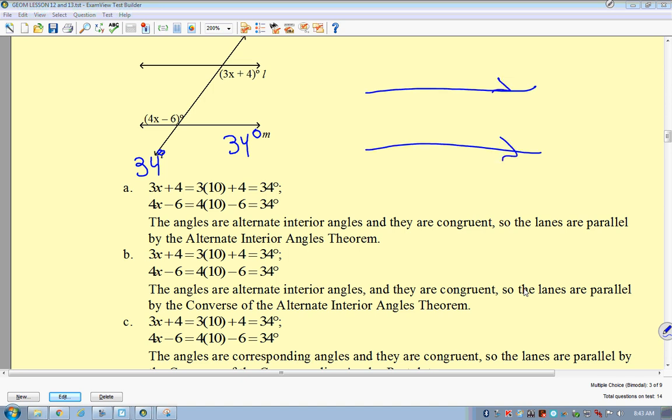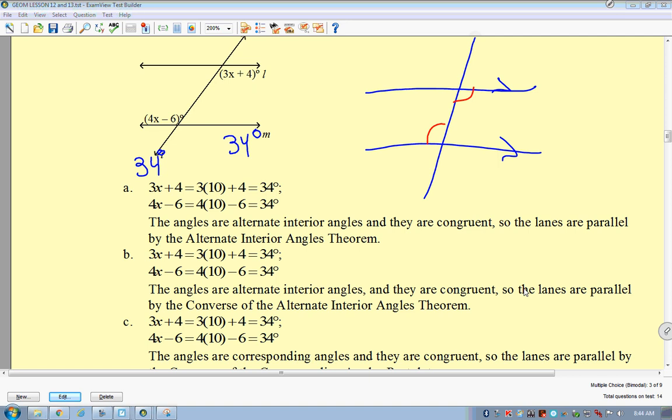The alternate interior angles theorem says, I know that these two lines are parallel. Therefore, I know that this is equal to that. The converse, which is what we have here: anytime it says prove these lines are parallel, we're going to use converse. Anytime it says prove these lines are parallel, converse of.